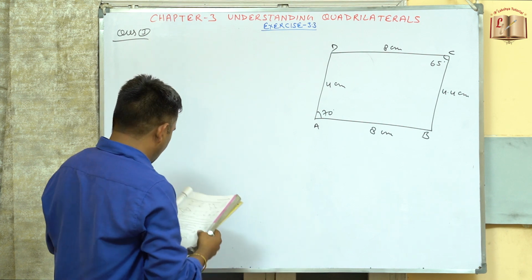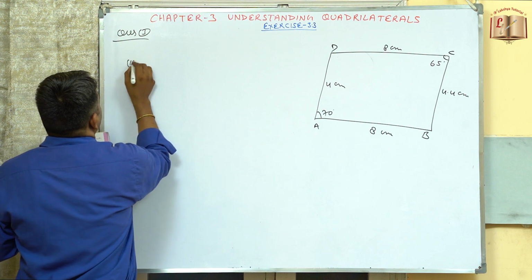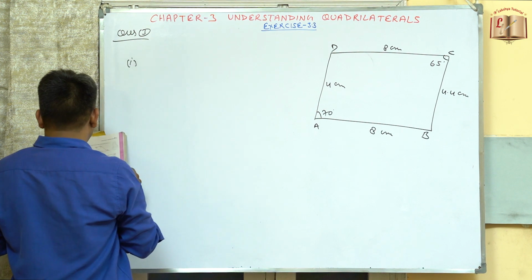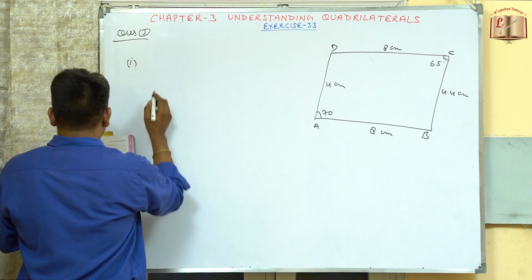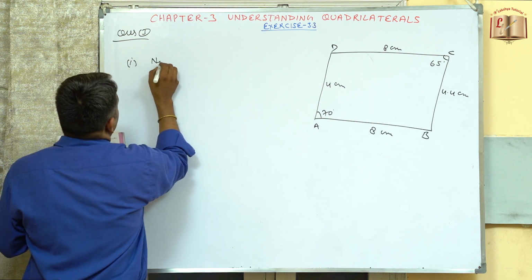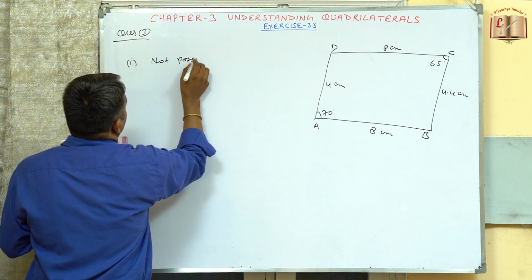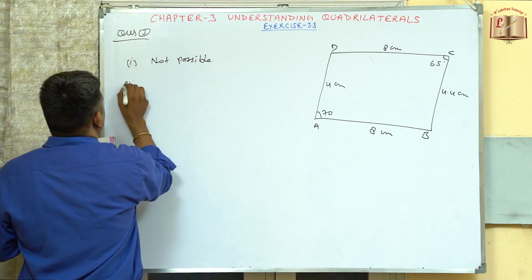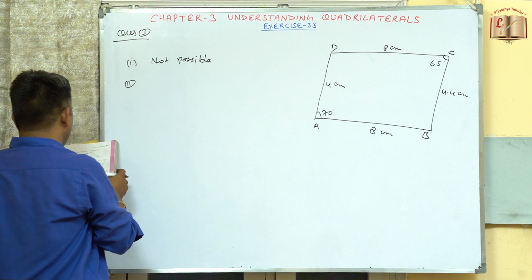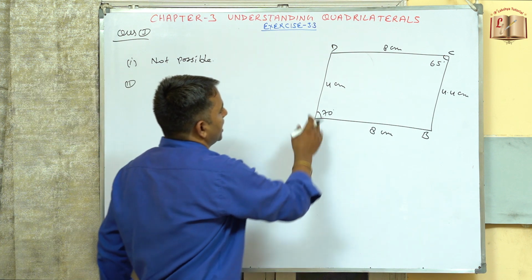So if we see, in first case angle A plus angle D equals 180 degree. So in first case it's not possible, and in second case if we see AD, the sides are equal but opposite sides they are not equal.